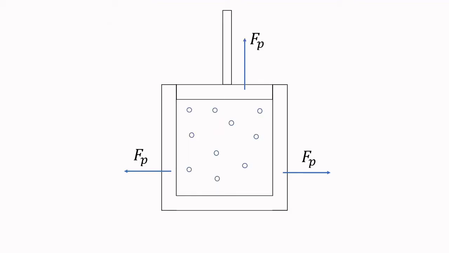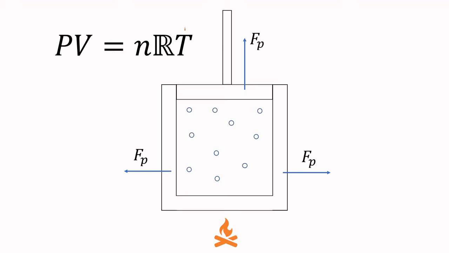To demonstrate, here's a container of gas. These particles are all bouncing around at unimaginable speeds, applying pressure and exerting a force on the walls of the container. So what do you think would happen if we raised our temperature? Well, since we're holding our volume fixed, PV = nRT tells us that an increase in temperature results in an increase in pressure.